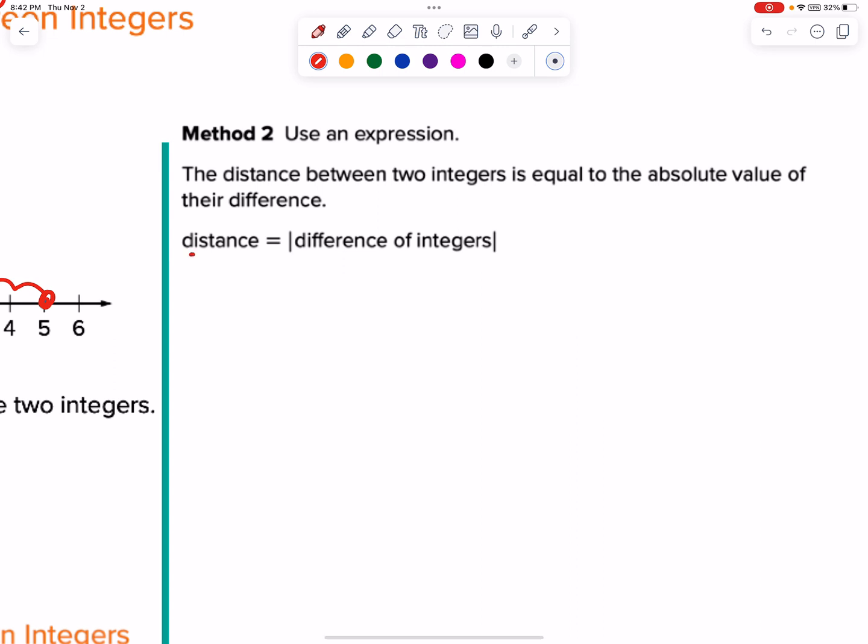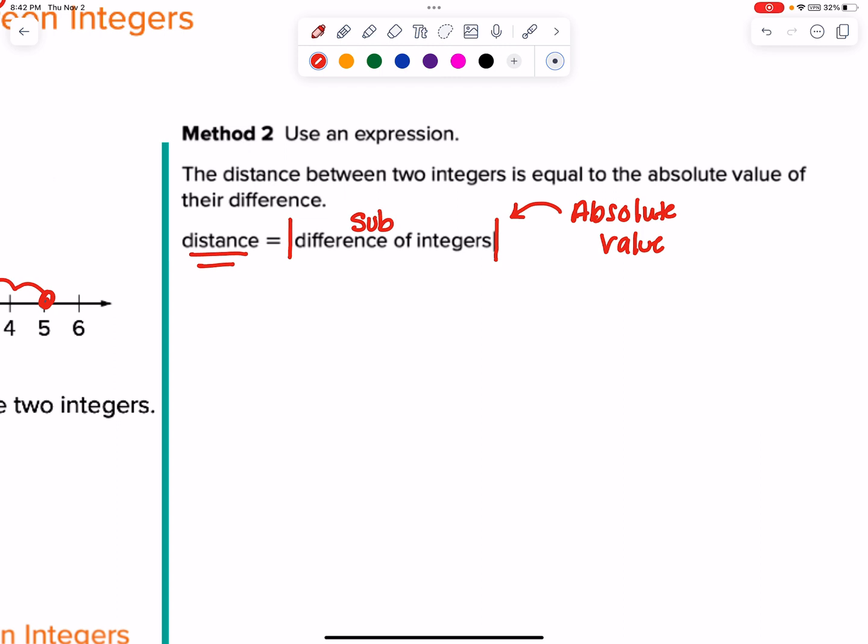And so what you do to find the distance between two integers, whether positive, negative, or a blend of the two, is we find the difference of the integers. Okay, so difference, remember, means subtract. But we take the absolute value of those. Okay, so this, let's make an arrow. This is called absolute value.